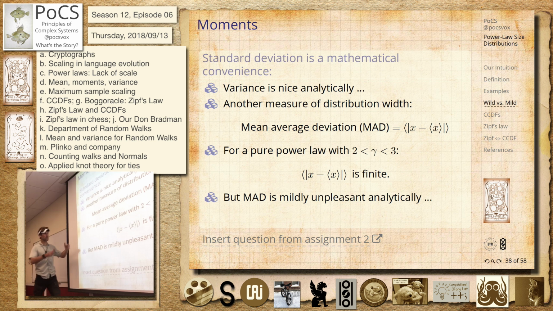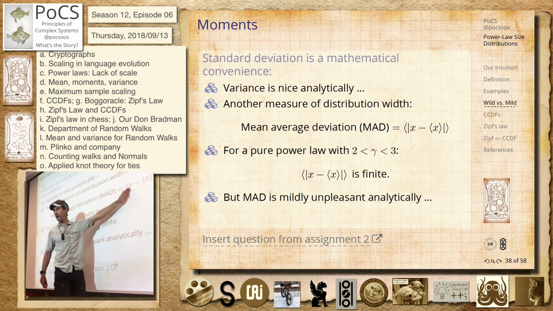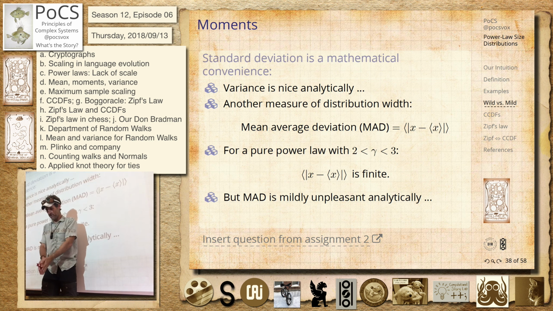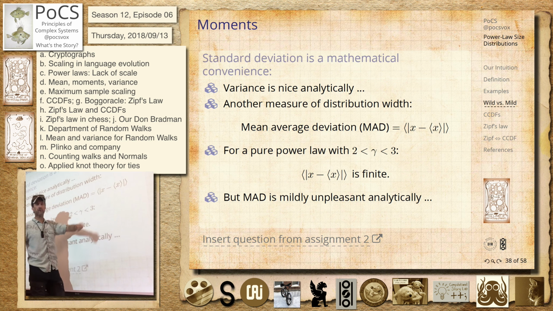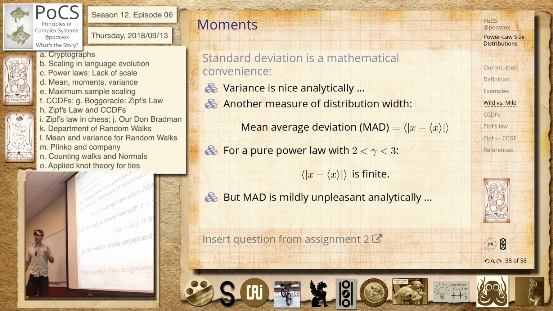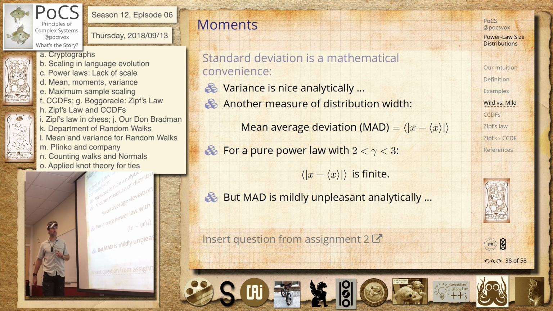When you just say it, it's fair enough: on average, how far away is our sample from the average? If it's just a delta distribution, then it's always there. If it's really spread out, this is going to characterize that nicely. We don't do it, but it does have different properties. It's important to say it.